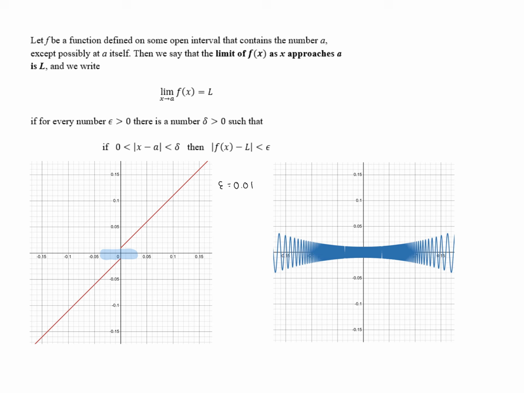Now, if we pick a large value for epsilon, for example, if we're picking epsilon to be 0.03, we need to stay in between positive 0.03 and negative 0.03. There needs to be an open interval on the x-axis where the graph stays in between these two y values.